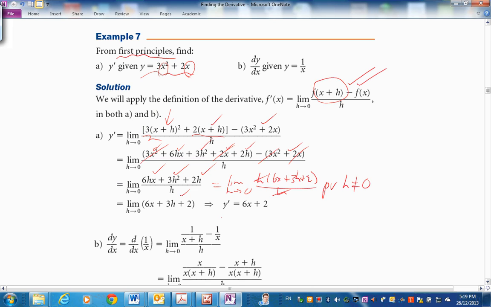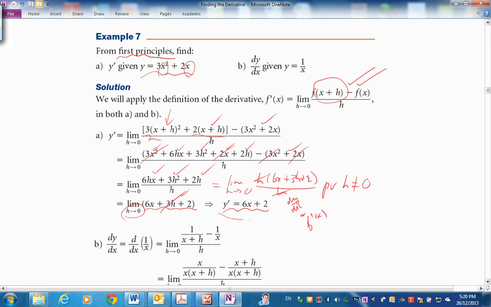You're just looking at coming up to that point on the function, and you get this. As h tends to 0, that will go out. So the derivative will be 6x plus 2, which is either y dashed or dy by dx or f dashed x. You could have any of those in there for that first principles.